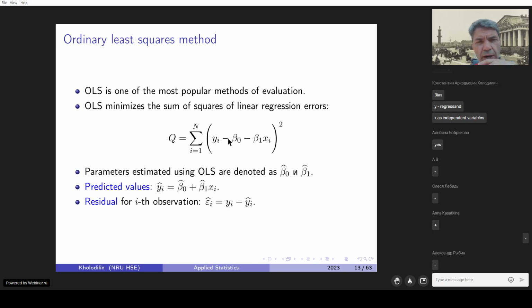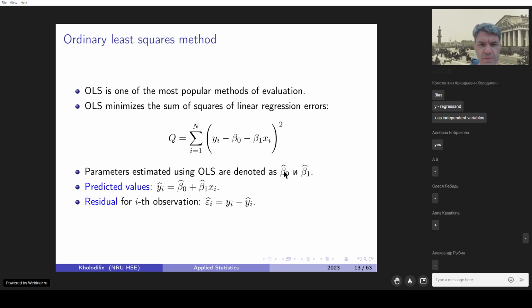So y_i minus y hat is basically the regression error. It's squared and summed across all the observations from the first to the last one. And from this minimization problem, we can derive expressions for beta 0 and beta 1.